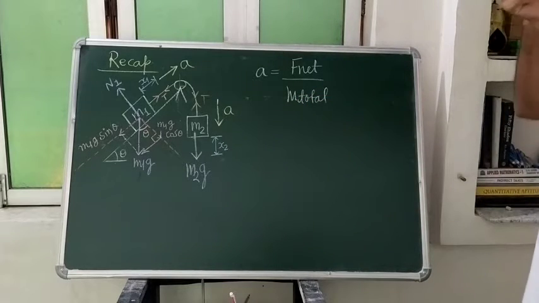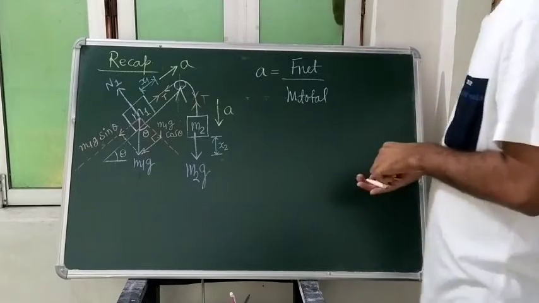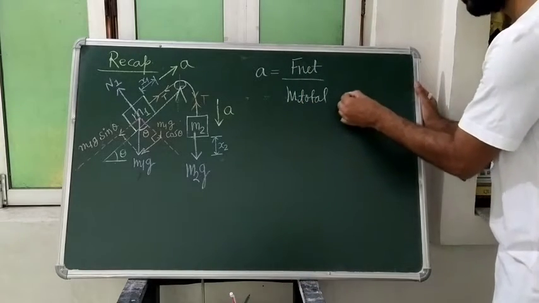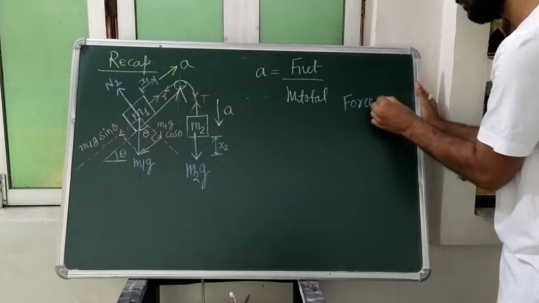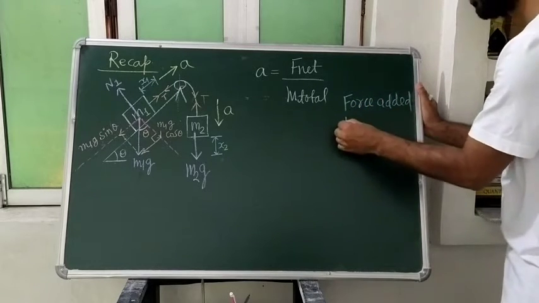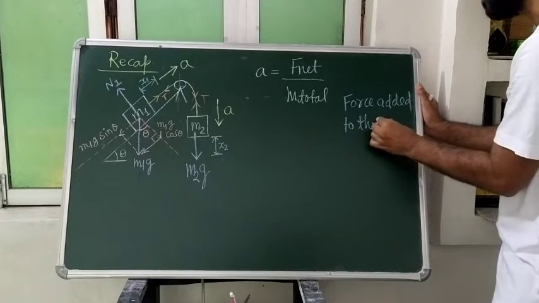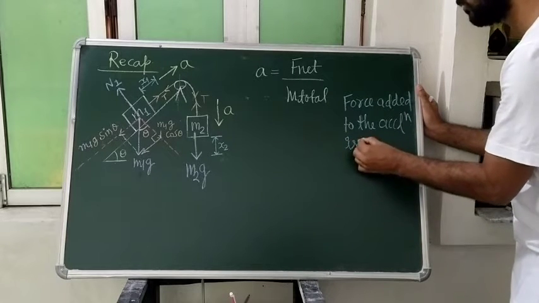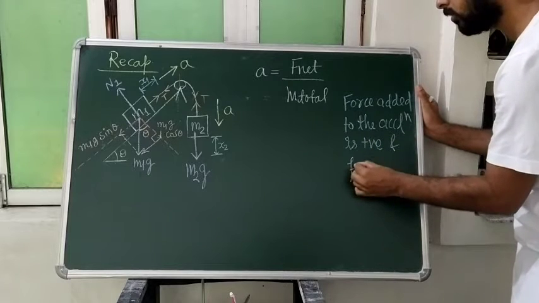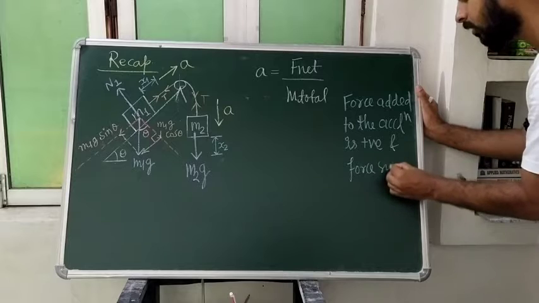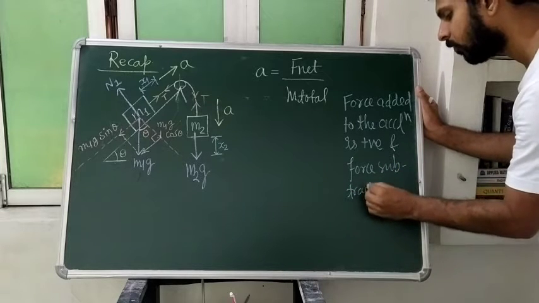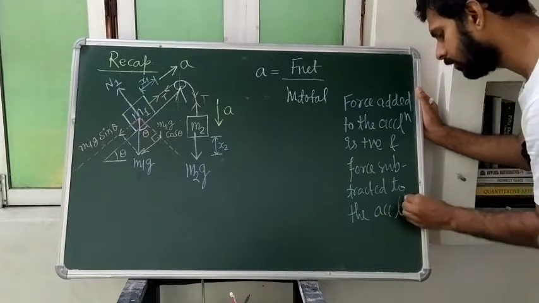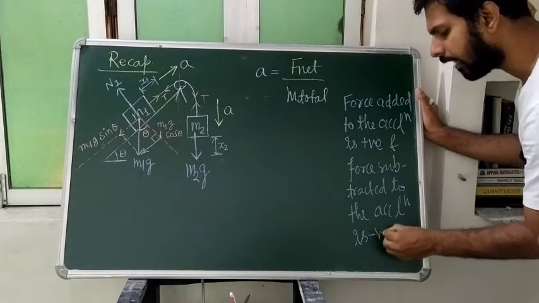And while we are writing F net, our idea should be that force added to the acceleration is positive, and force subtracted from the acceleration is negative, we will select.